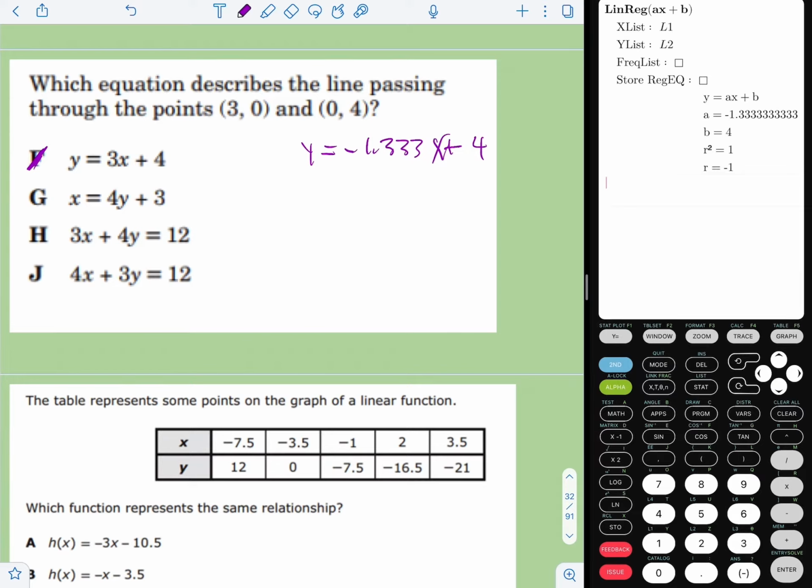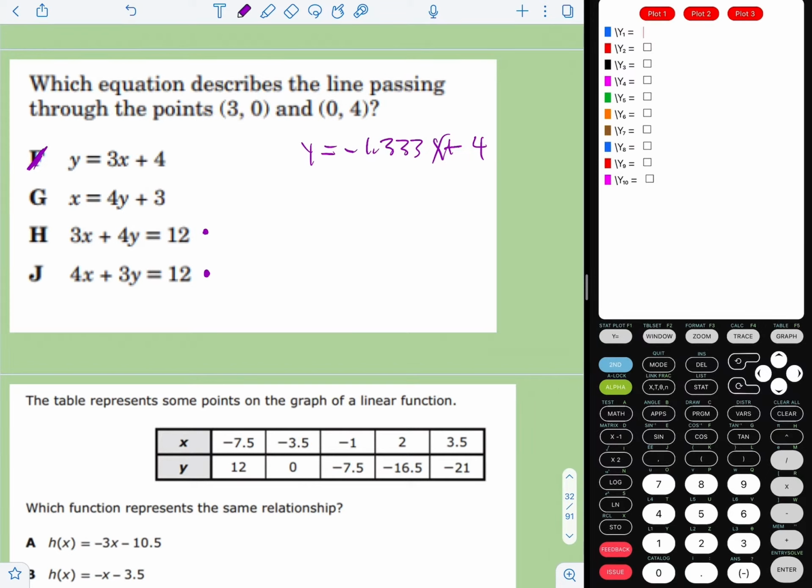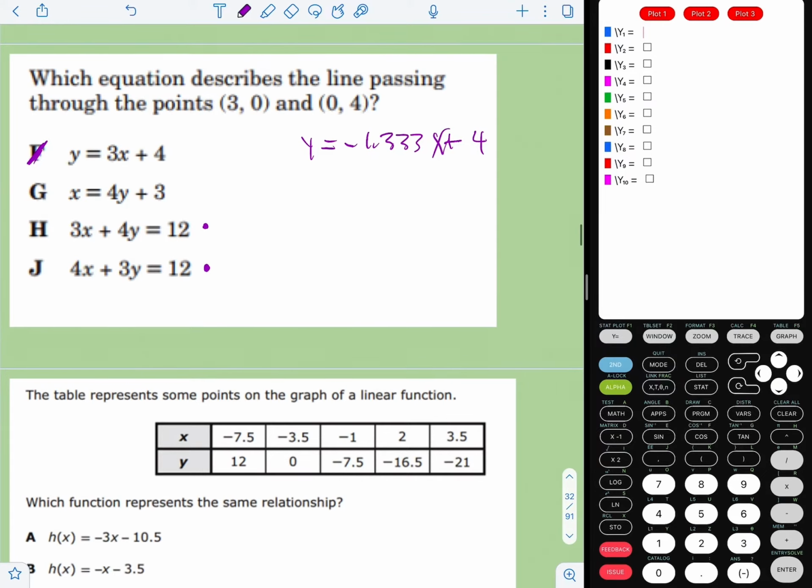So there's a way for us to plug in H and J in the calculator. If we go to this y equals here, notice how we start with our C, right?